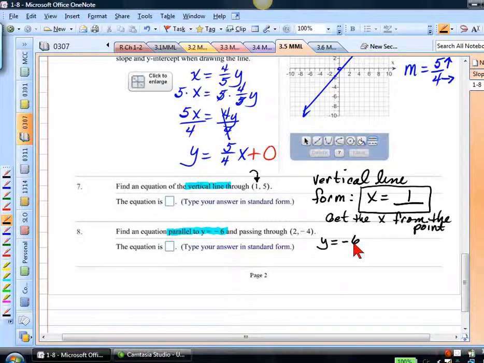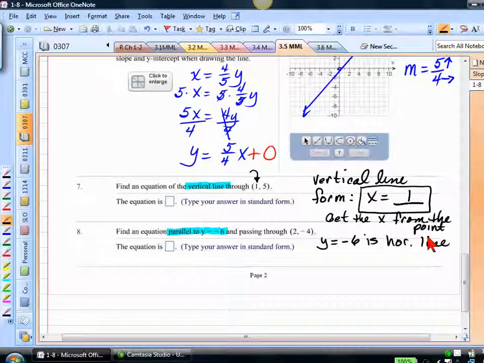What kind of line is that? It is horizontal. It is a horizontal line. Now, any line that is parallel to a horizontal line is going to be what kind of line? A horizontal line.